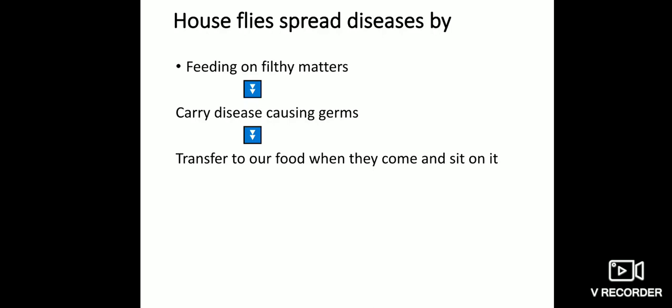This way the houseflies spread diseases. So we should always cover our food items in the kitchen to prevent diseases spread by houseflies. Also, using covered waste baskets helps us to eradicate houseflies from our houses.